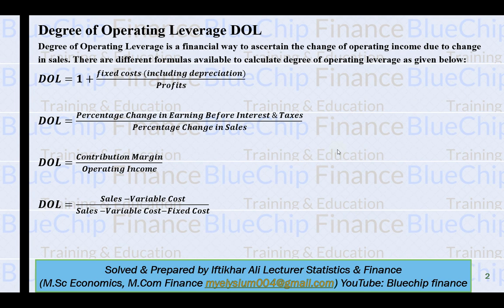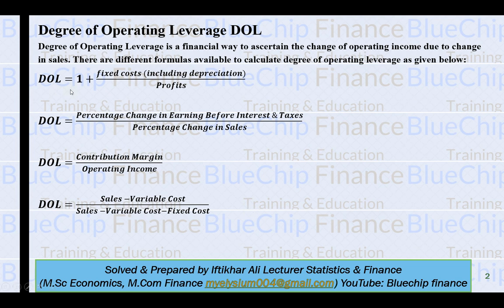As you are seeing here, I gave four different formulas of calculation of degree of operating leverage. But many other formulas are also given in different books related to the calculation of degree of operating leverage. But the most common formulas are given here.